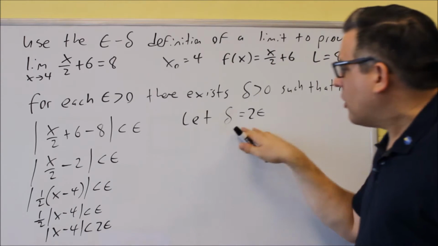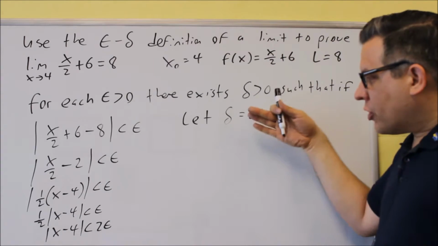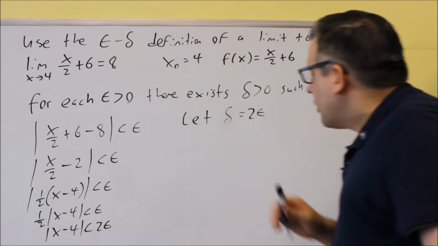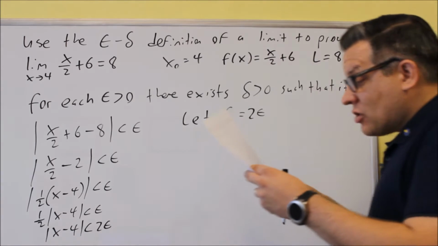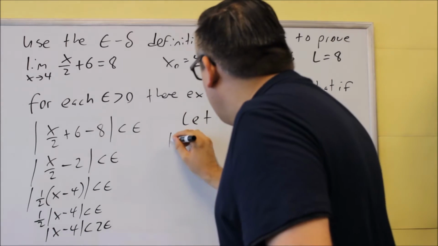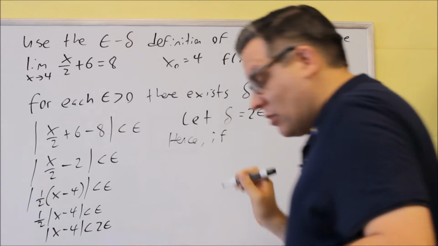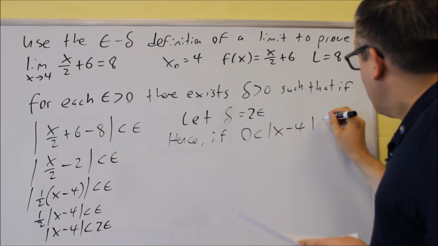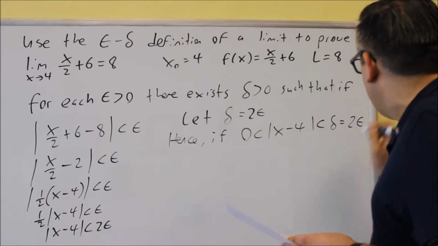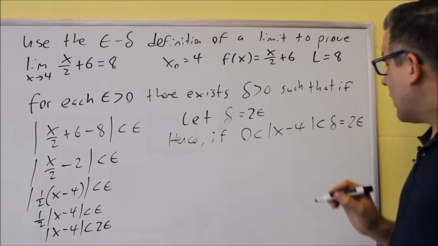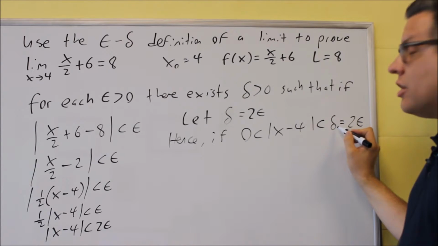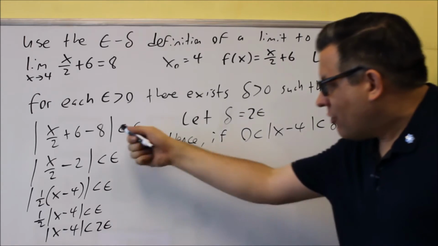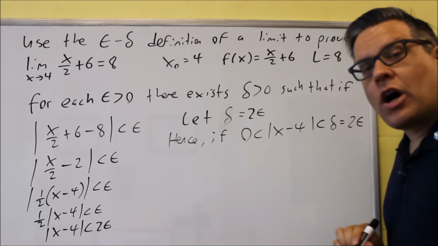We show one side getting down to what we have to let our delta equal, and then we put that in to show that we get back to what we started with. So we start with that: if the absolute value of x minus 4 is less than delta, which equals 2 epsilon. We substitute delta with 2 epsilon, because that's what we originally found it should be. We're now just going to walk backwards.